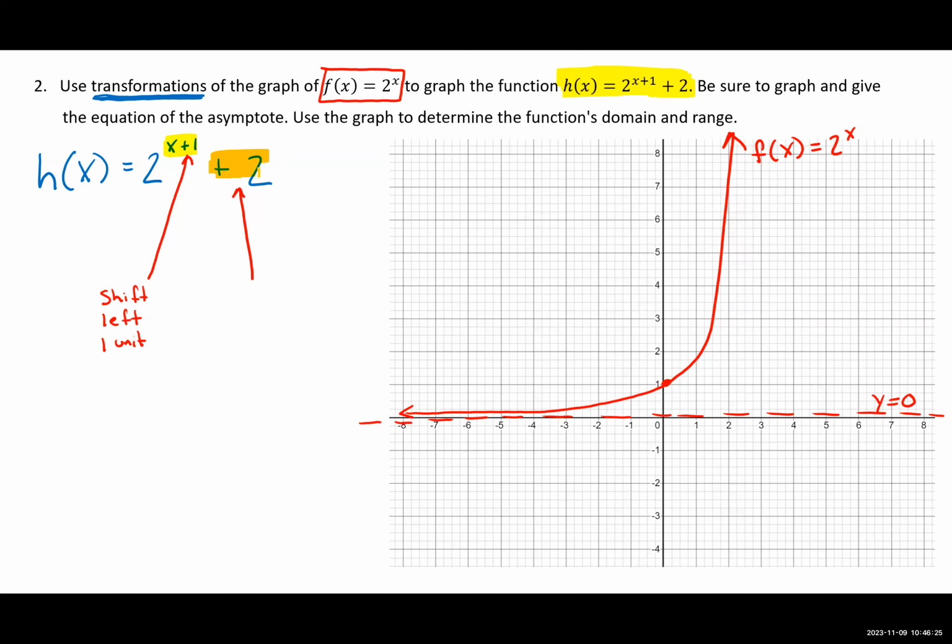Then we've got a plus 2 on the outside, not part of the exponential part of the function. That's going to be a vertical shift, a shift in the y direction. So the entire graph is going to shift up by 2 units. We could look at this one point, the point 0, 1.